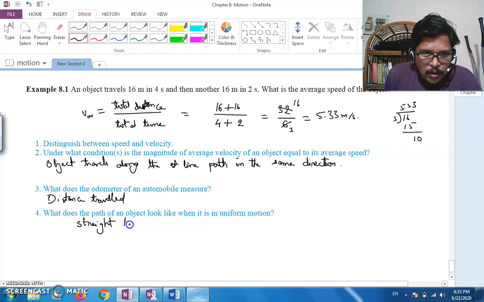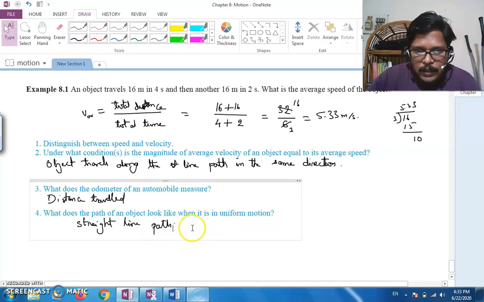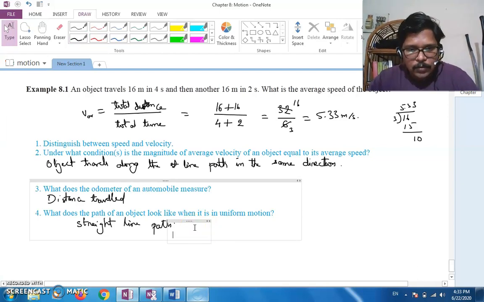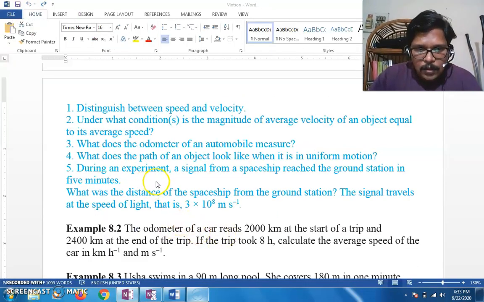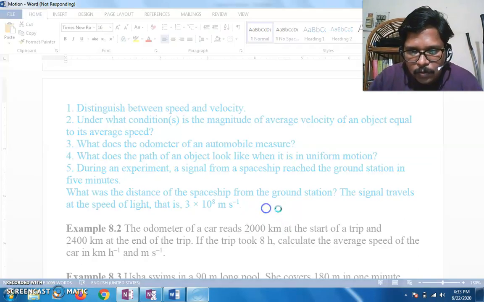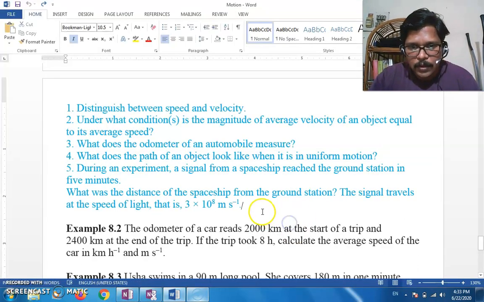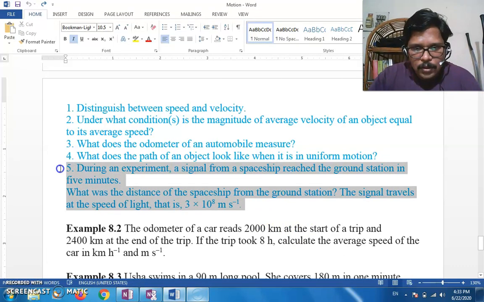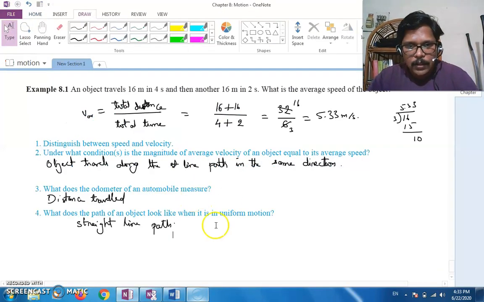Such a motion is uniform motion. It can't go in any curvilinear path or some other path. Okay. Next question. The last question I am going to solve, and then we'll go for some other examples after this. This is the last one for this video.